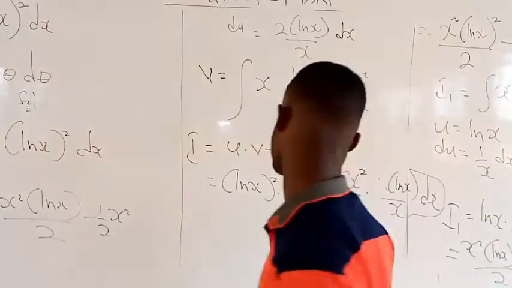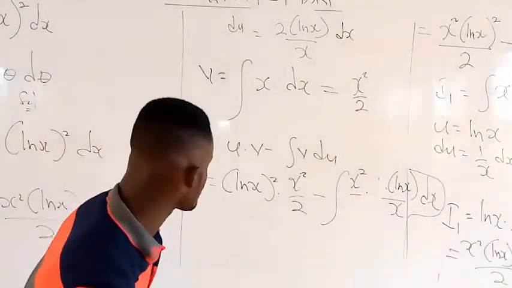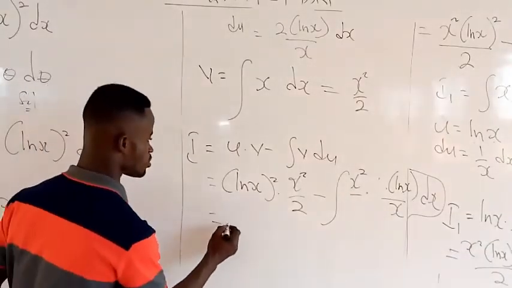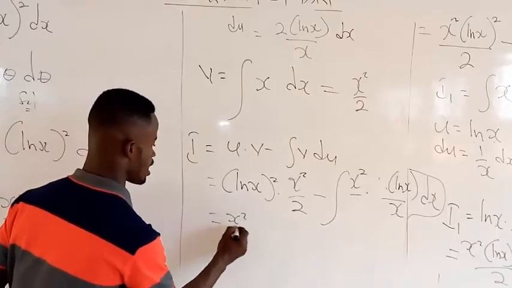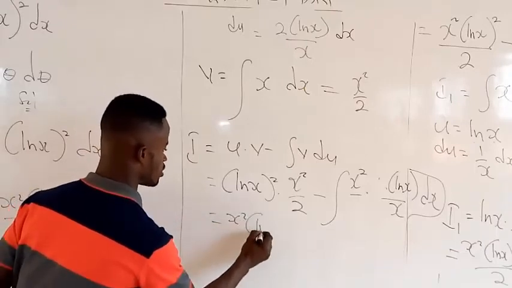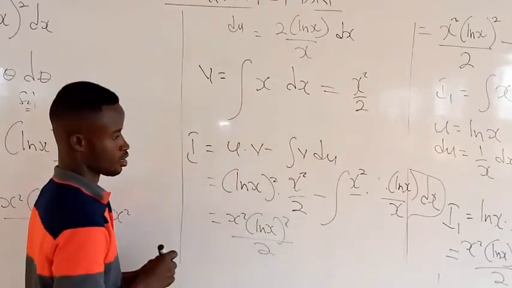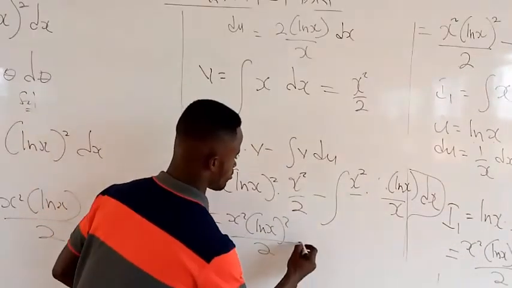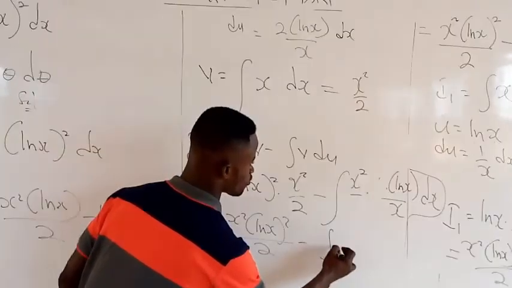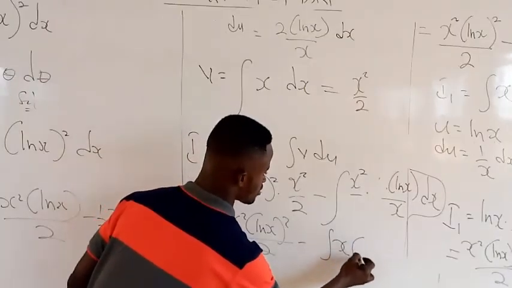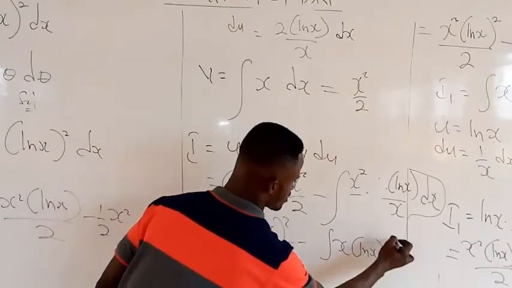Let me reduce the I. The I will just be S squared ln S over 2 all over 2 minus integral of S ln S ds.